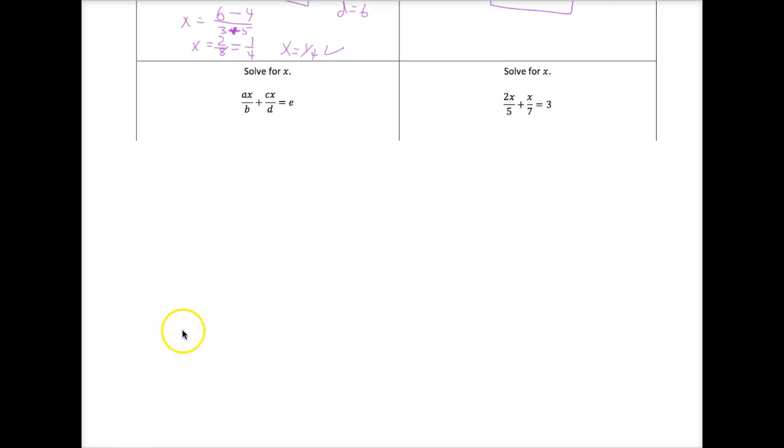These two aren't nearly as nice. These are fractions, but we've got to figure out a way to get around that. And if I think about it, 5 times 7 is 35. So if I were to multiply everything by 35, 2x over 5 times 35 plus x over 7 times 35 equals 3 times 35.